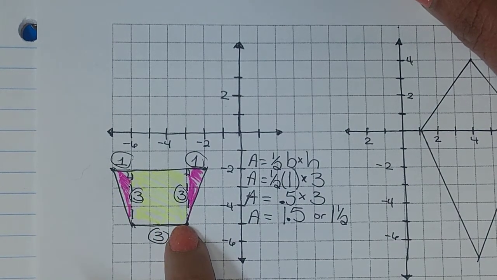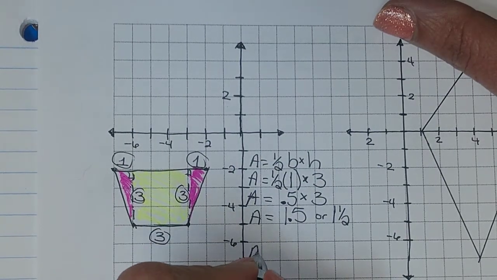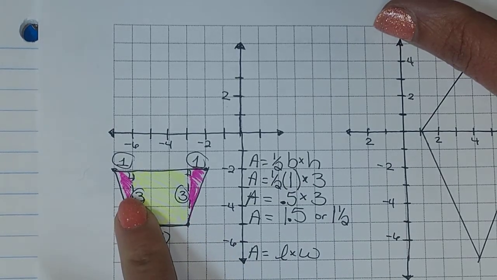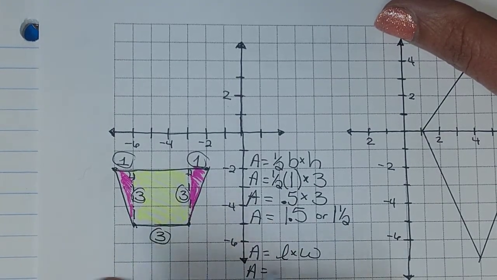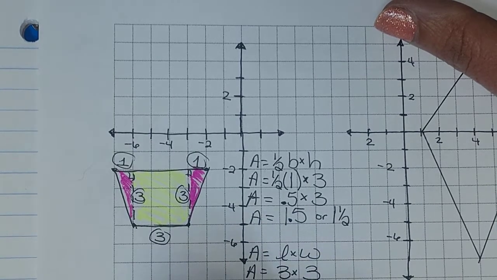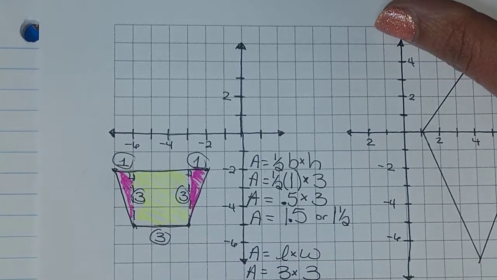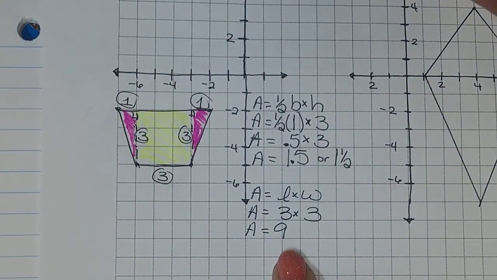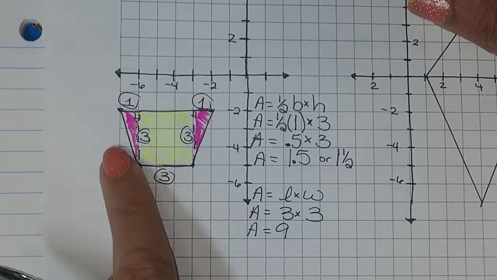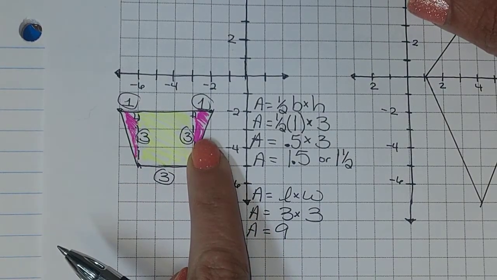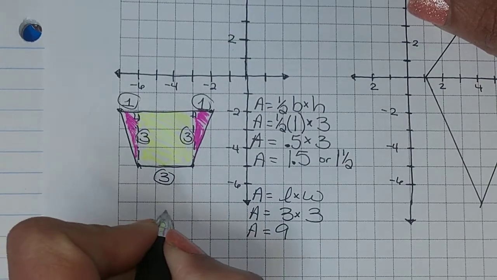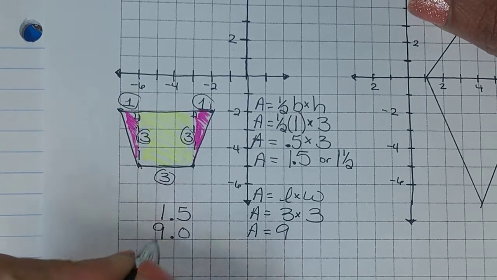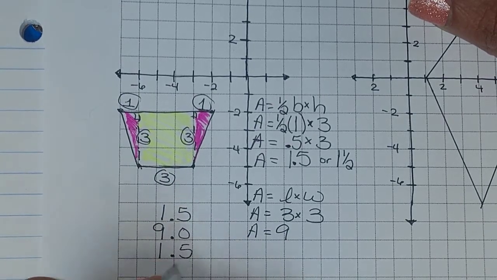Let's look at the area for a square. My area equals length times width. So 3 times 3, for a final of 9. Now, if you remember from our last couple lessons, we have to add all the areas of all 3 shapes. So I have 1.5 plus 9 plus 1.5.